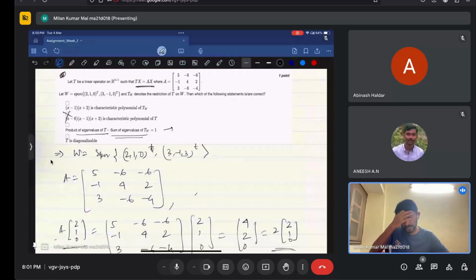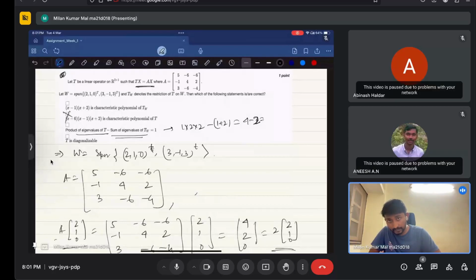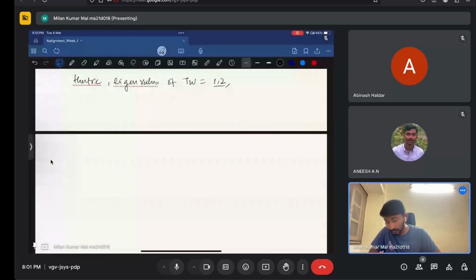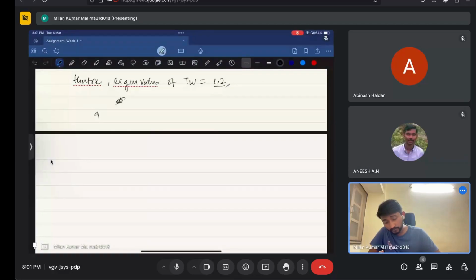Okay, so T is diagonalizable or not depends on whether the geometric multiplicity of 2 is 2 or not. So let's take the full matrix, that is (5, minus 6, minus 6; minus 1, 4, 2; ...). Let's consider A minus 2I, which is (3, minus 6, minus 6; minus 1, 2, 2; 3, minus 6, minus 6).